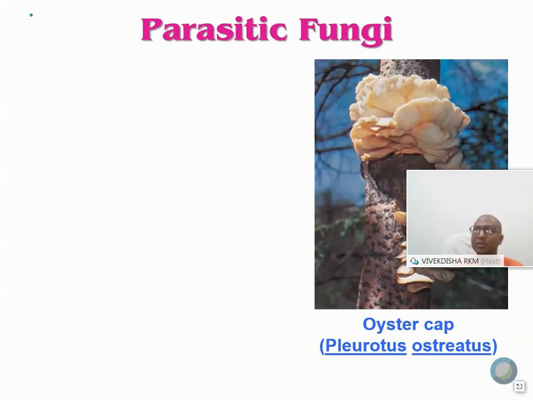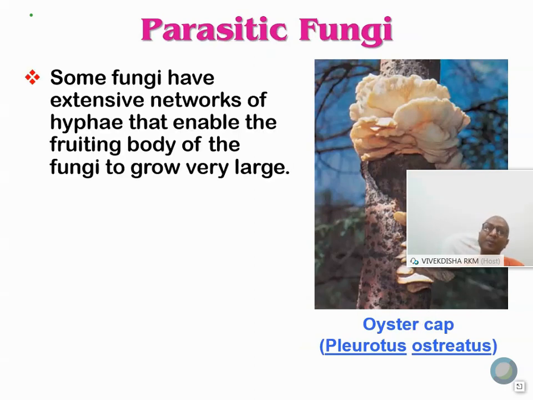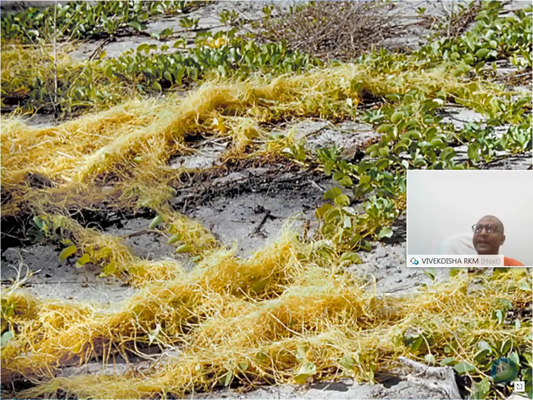The scientific naming will be different, but it is very commonly known as oyster cap because it is easier to understand and mention. Perhaps you know oyster is also an animal we find in the sea, from where we get the pearl. It is like that, so it is known as oyster. That is also a parasitic fungus.